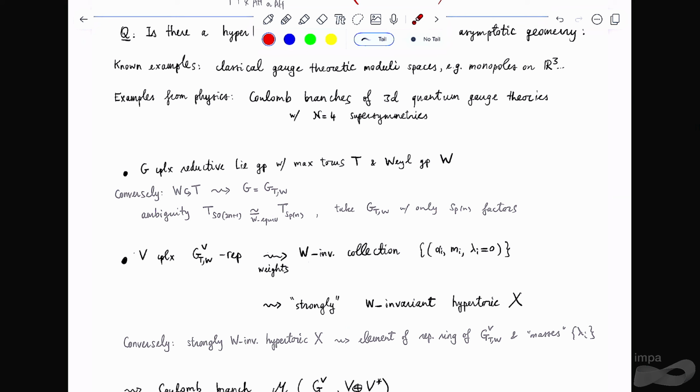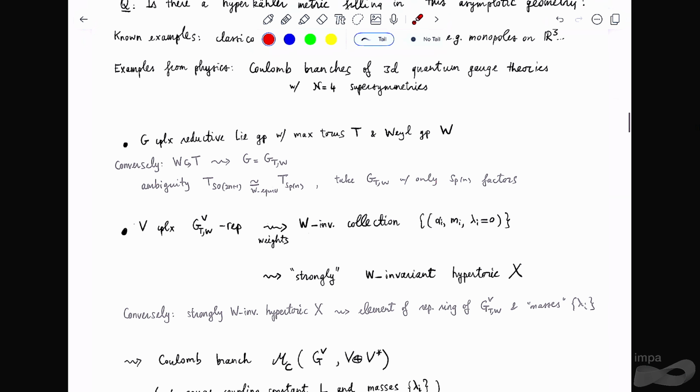And this is related to having divisible coroots in the lattice of the maximal torus. Okay, anyway, you have this data of a complex representation of the Langlands dual group that gives you this discrete data of cocharacters and multiplicities just by taking the weights of these representations. Since we're taking the weights of the Langlands dual, these weights are exactly cocharacters of the torus T.